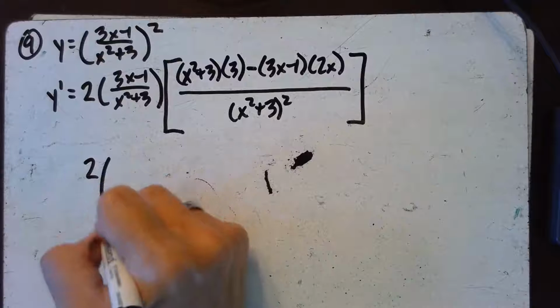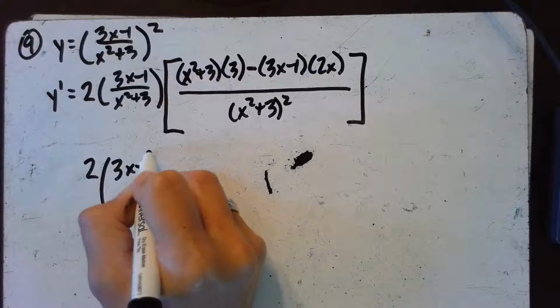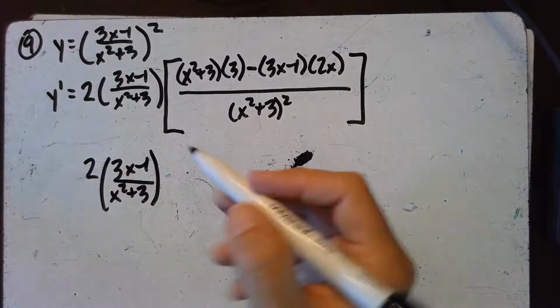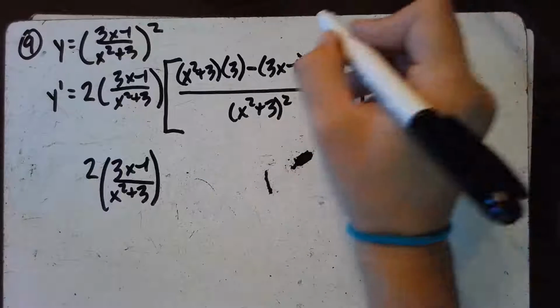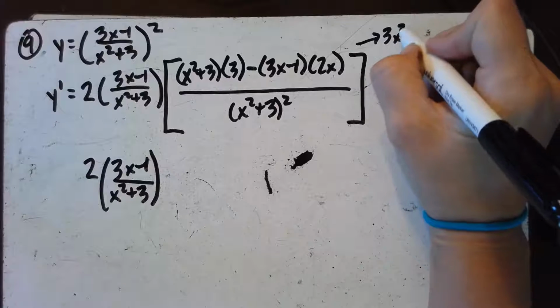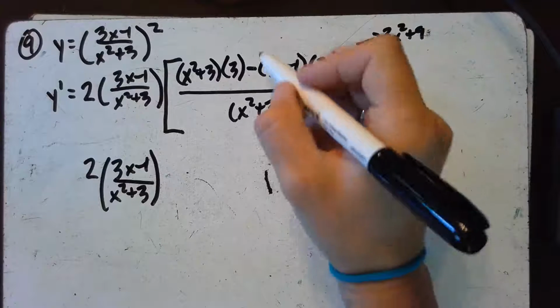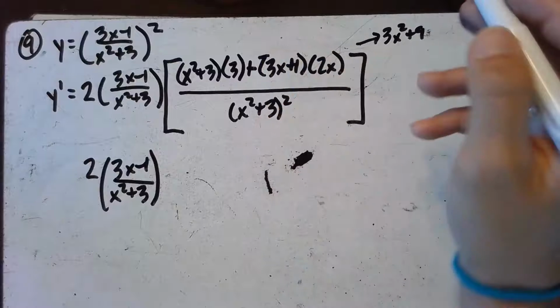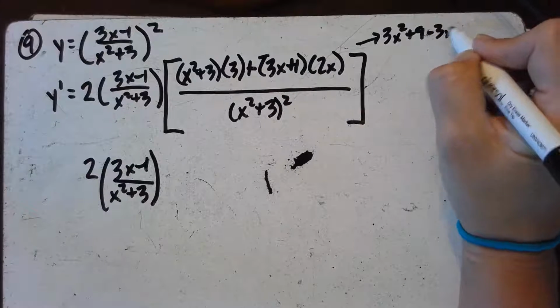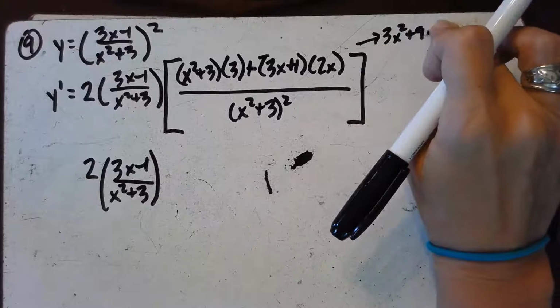Really what I need to do now is simplify the top, okay? I'm just going to come up here and do this. I'm going to say 3x squared plus 9. Now be careful, I need to distribute this negative sign. So therefore that's going to be negative 3x. Or actually, hold on, I'm multiplying it by the 2x.